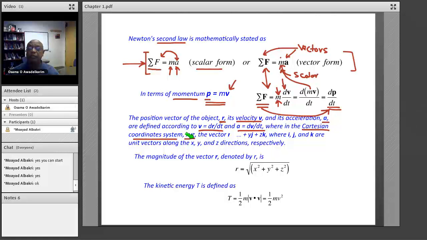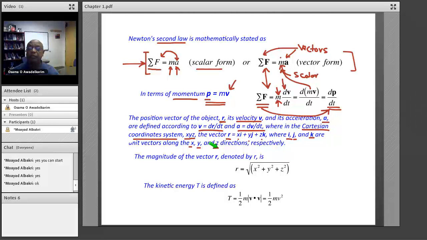So any location, vector r, is written in terms of the components x, y, z in the unit vector directions i, j, k. So i, j, and k are unit vectors in the x, y, and z directions.